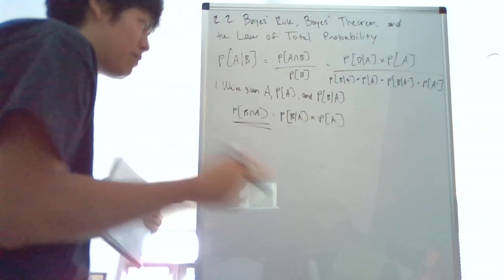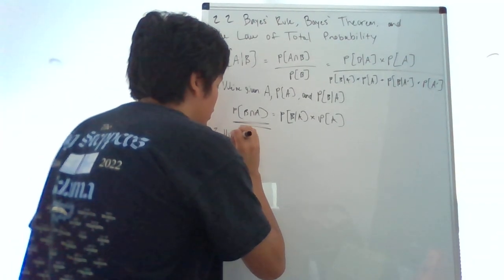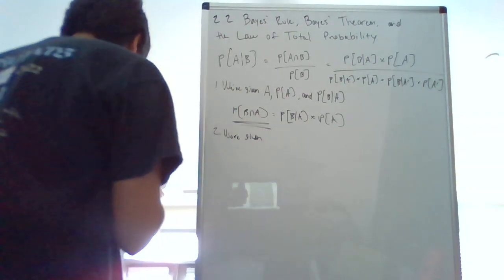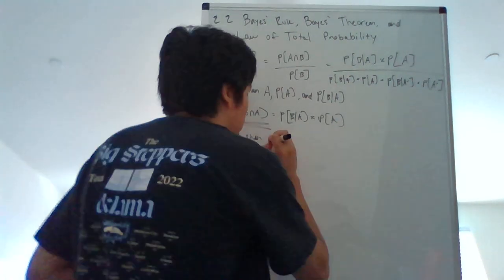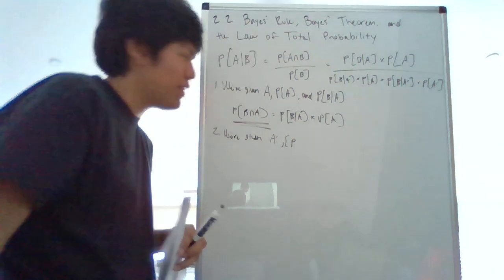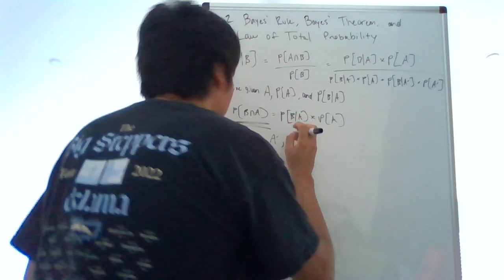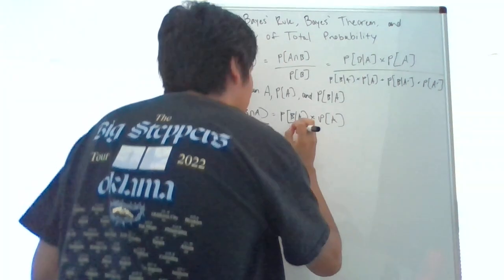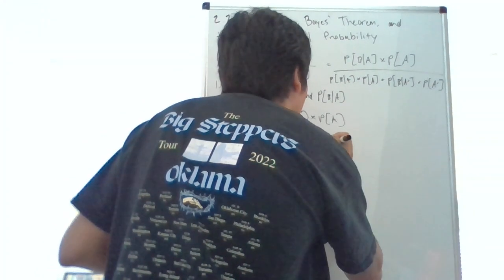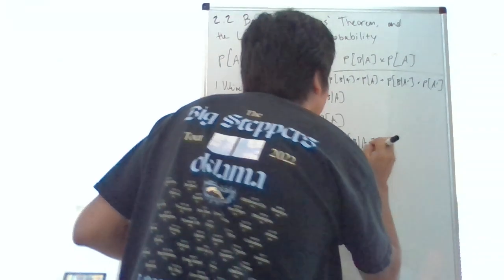Now, step 2: say we're given the probability of A complement and the probability of B given A complement.